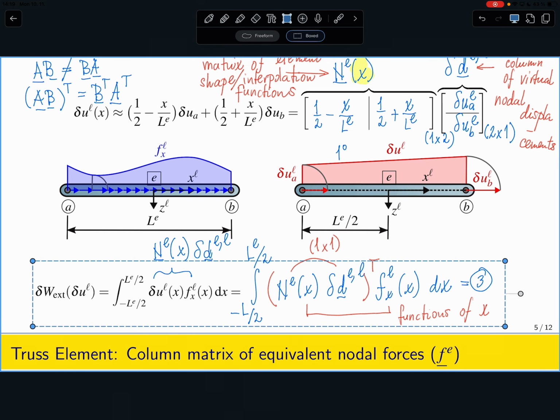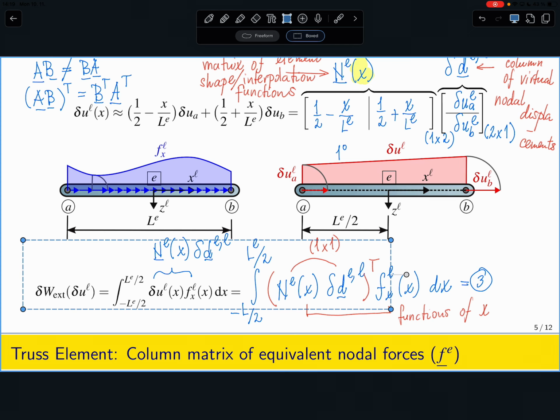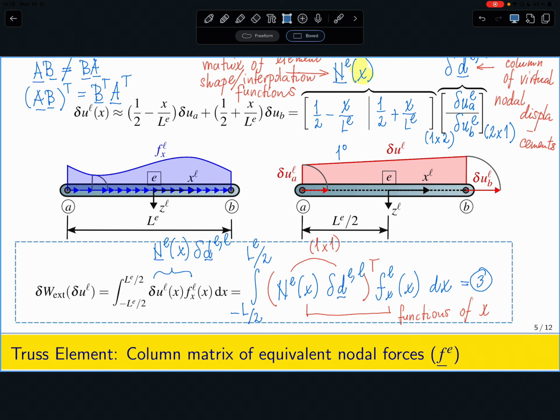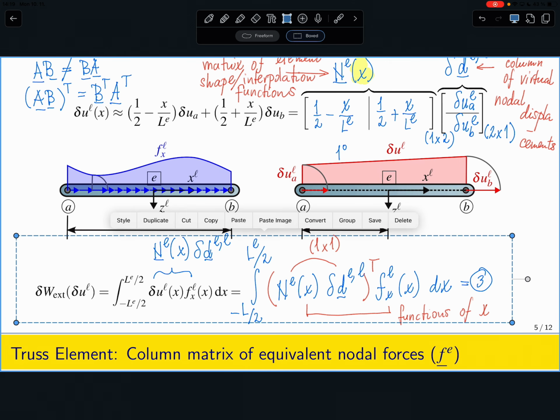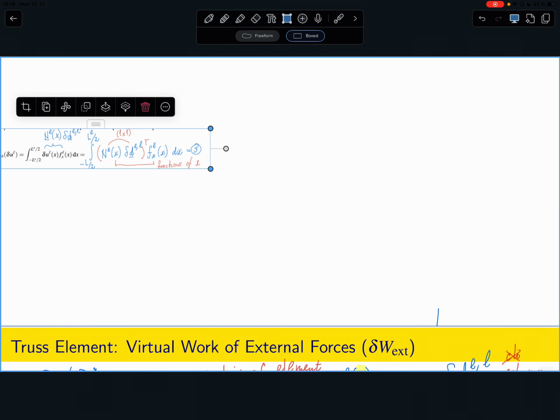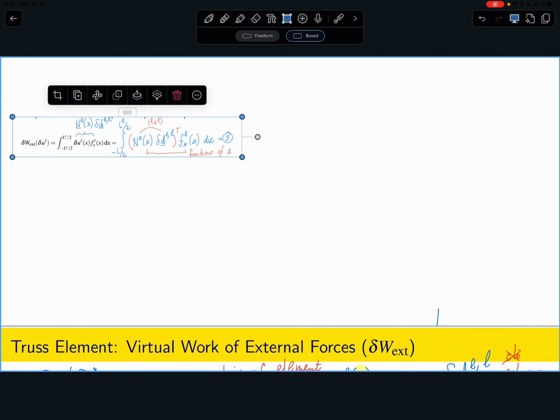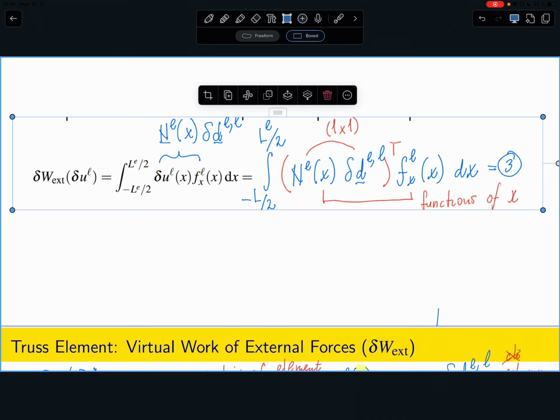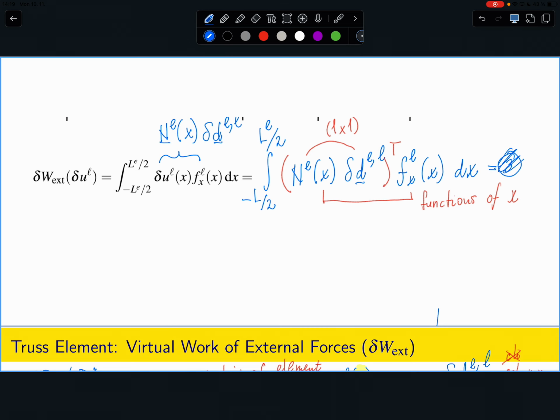And I can further develop this argument just by saying, so this 3, that was not a clever idea to do this transposition in here.